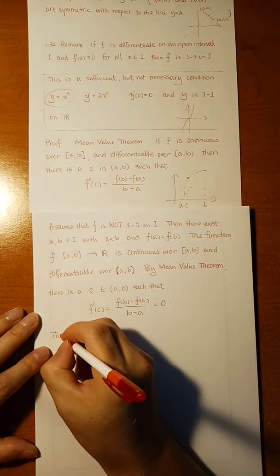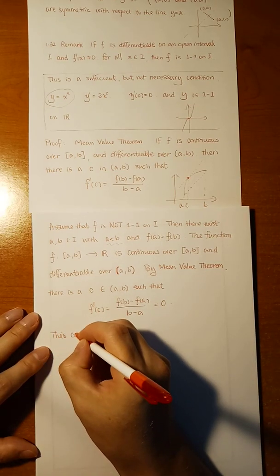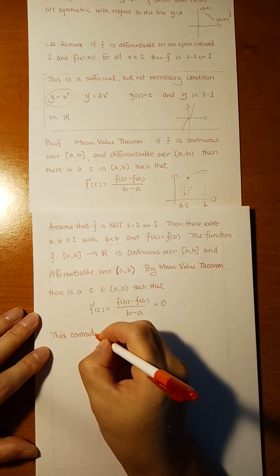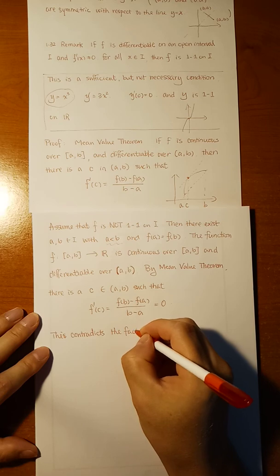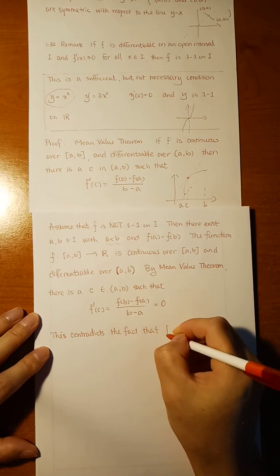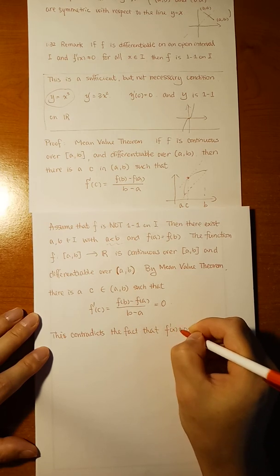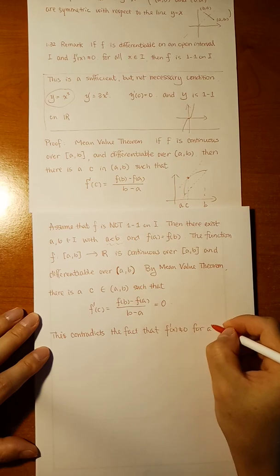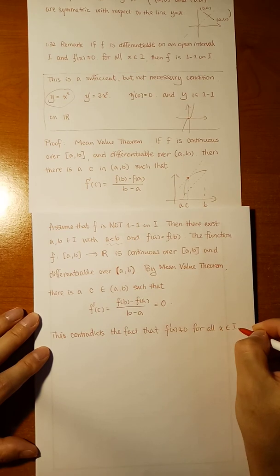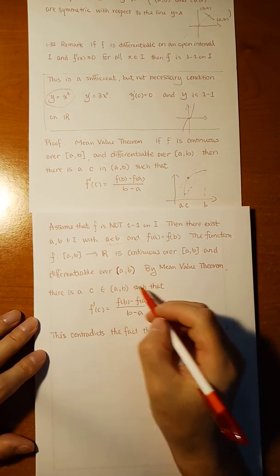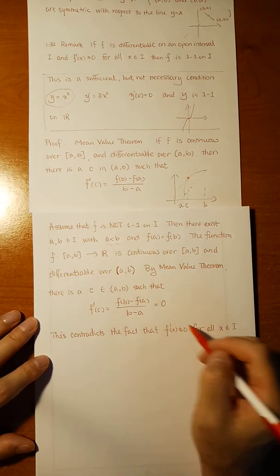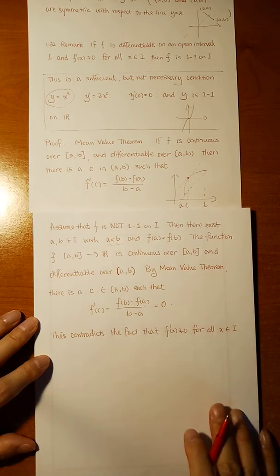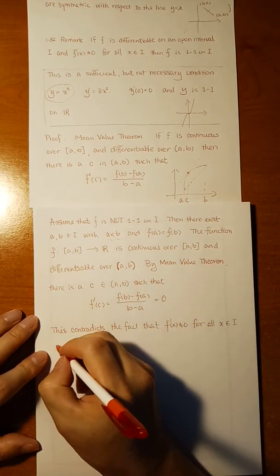This contradicts the fact that f prime of x is not equal to 0 for all x in I, right? (a, b) is contained in I, so you do find a c such that f prime of c equals 0, but here you assume f prime of x is never 0.